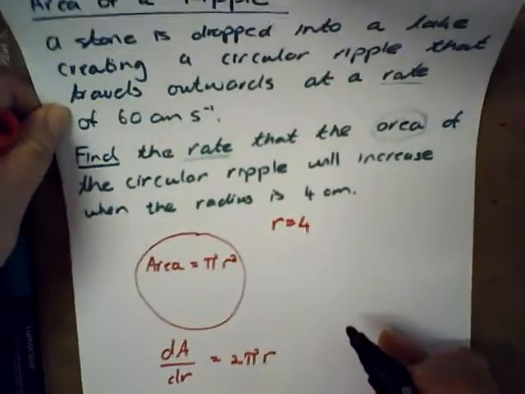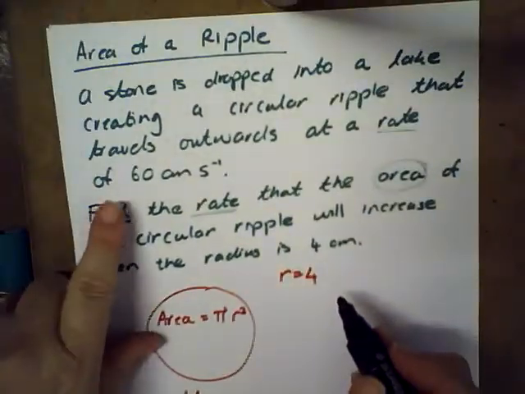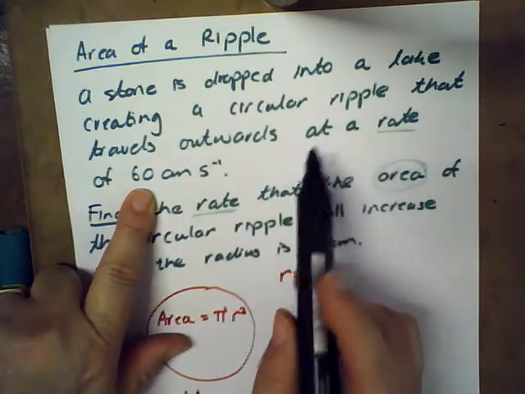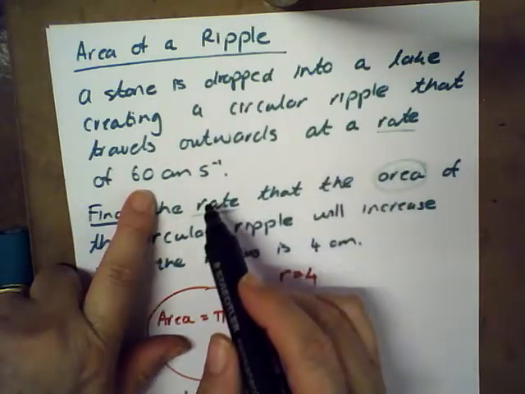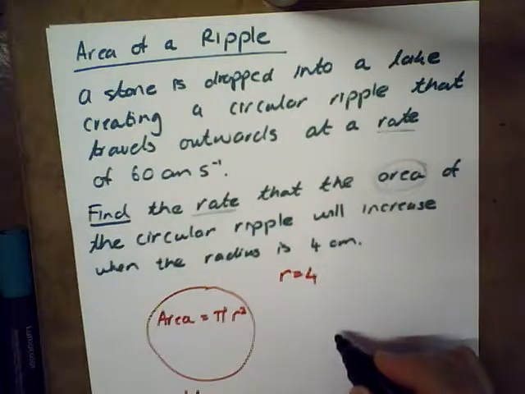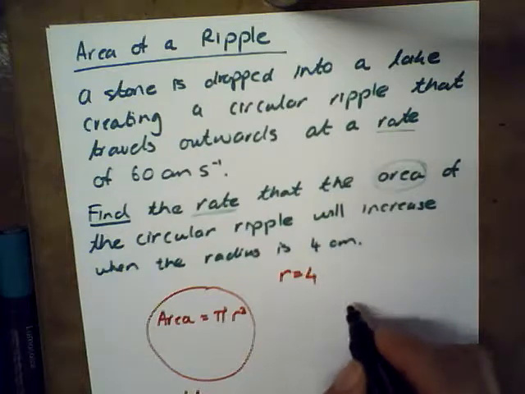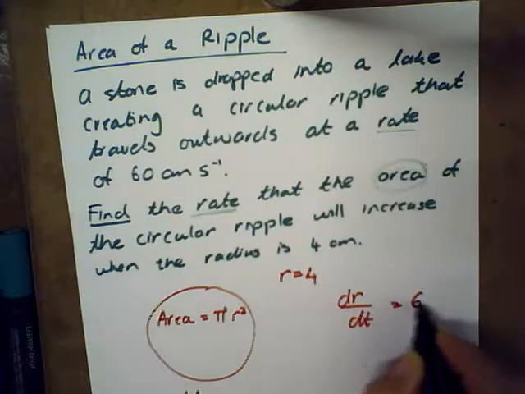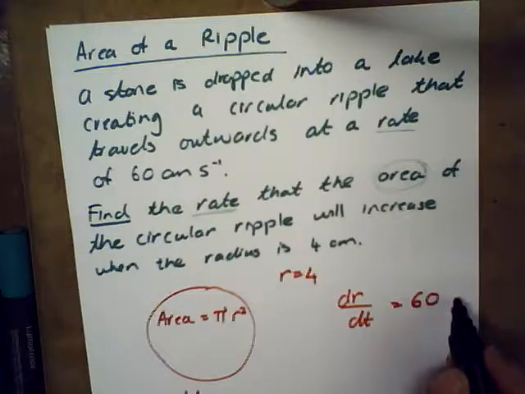So what is it that they've given me? The rate that the circle travels at is 60 centimeters per second. So it must be in terms of the radius. So dr/dt equals 60 centimeters per second.